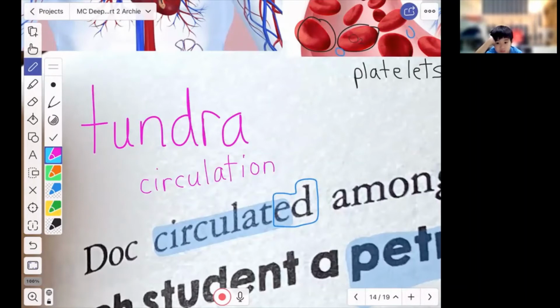But what was starting to happen over a long period of time, because the ground was getting a little bit warmer each year, was that the tundra was starting to soften. And some of the houses were starting to collapse because the foundation of the house was the tundra.